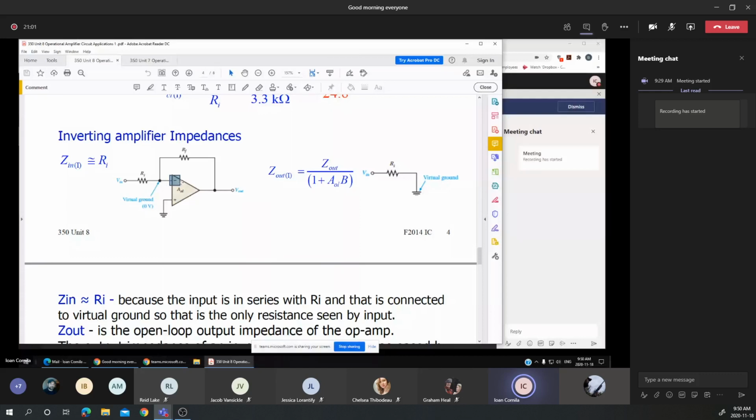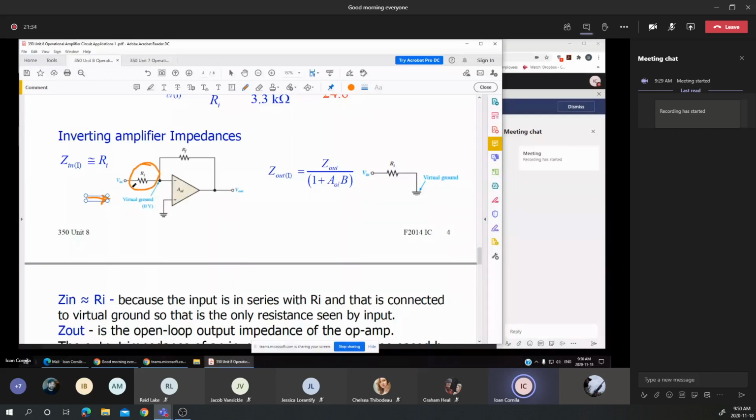Looking from the source point of view into the circuit, which has the op amp and the external resistors, you notice that RI is connected to ground. So what I am seeing from the source point of view is the resistance RI only.